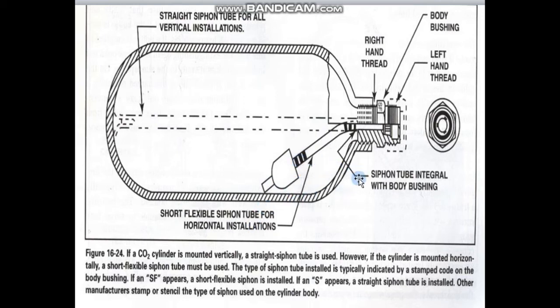Also, you can identify that by the stamp or label on the bottle. It's marked SF, which means short, flexible. So this bottle uses a short, flexible siphon.